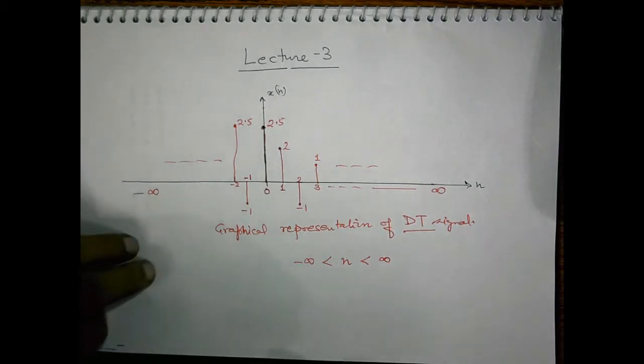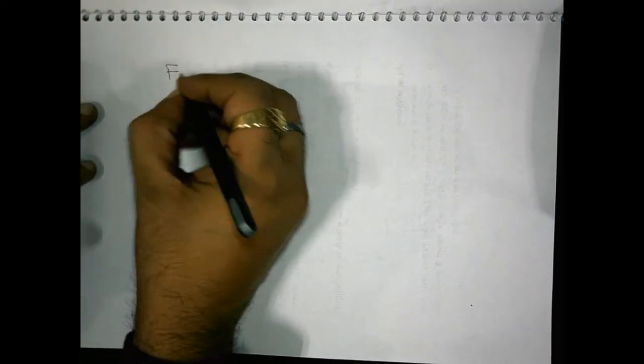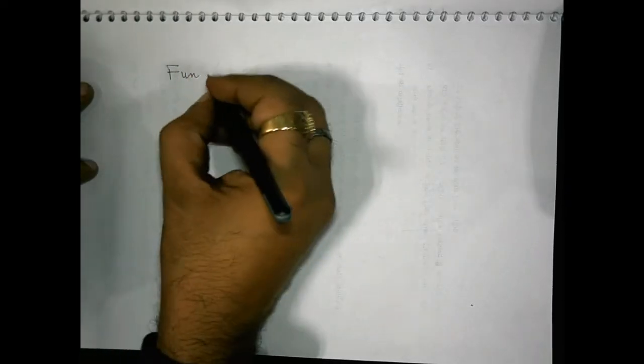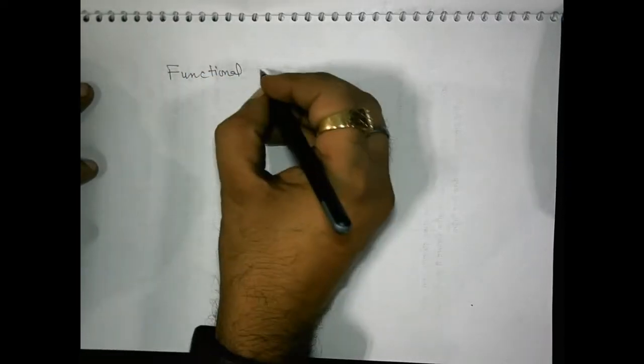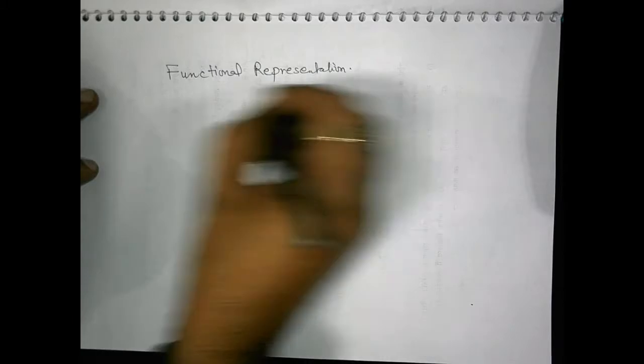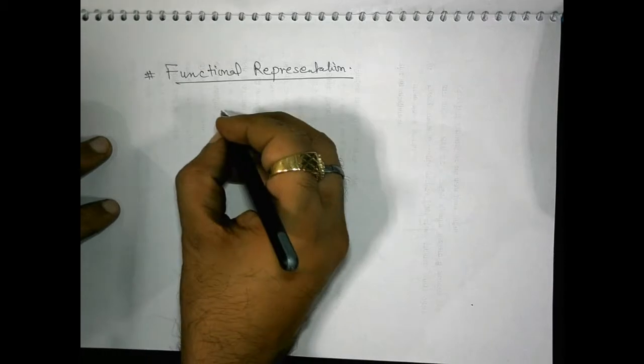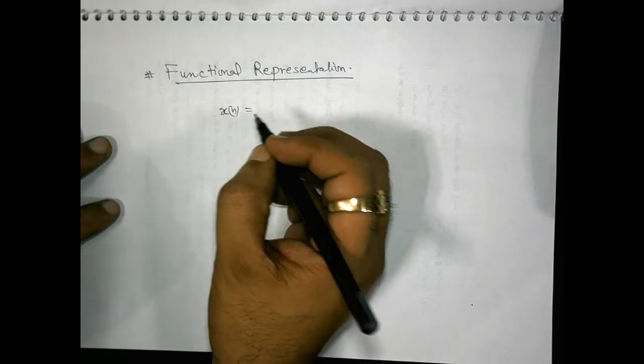There are other forms of representation also which are very often used and very popular. So the other form is functional representation. In this form of representation, we represent a signal x(n) in the form of a function.